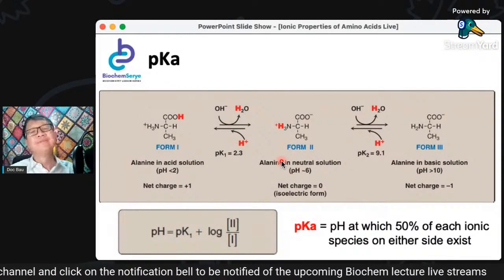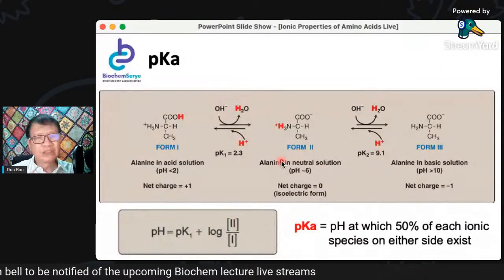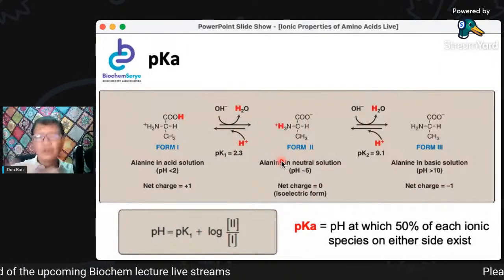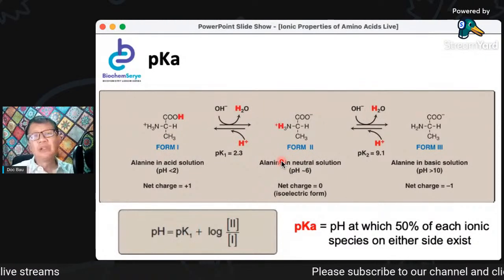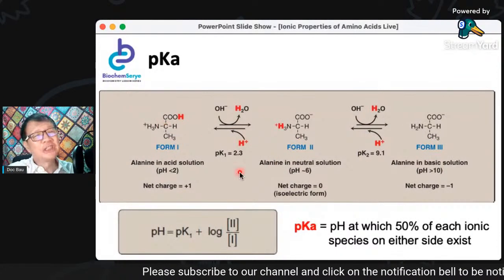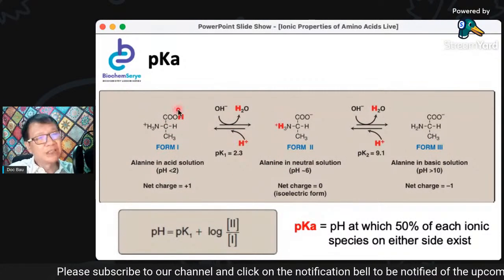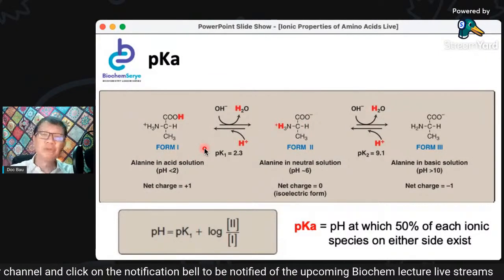So if you have a situation wherein the pH is exactly coincidental to your pKa, it only means one thing. Your ionic species on both sides, for example, your cation and your zwitterion, will be equal, 50-50%.